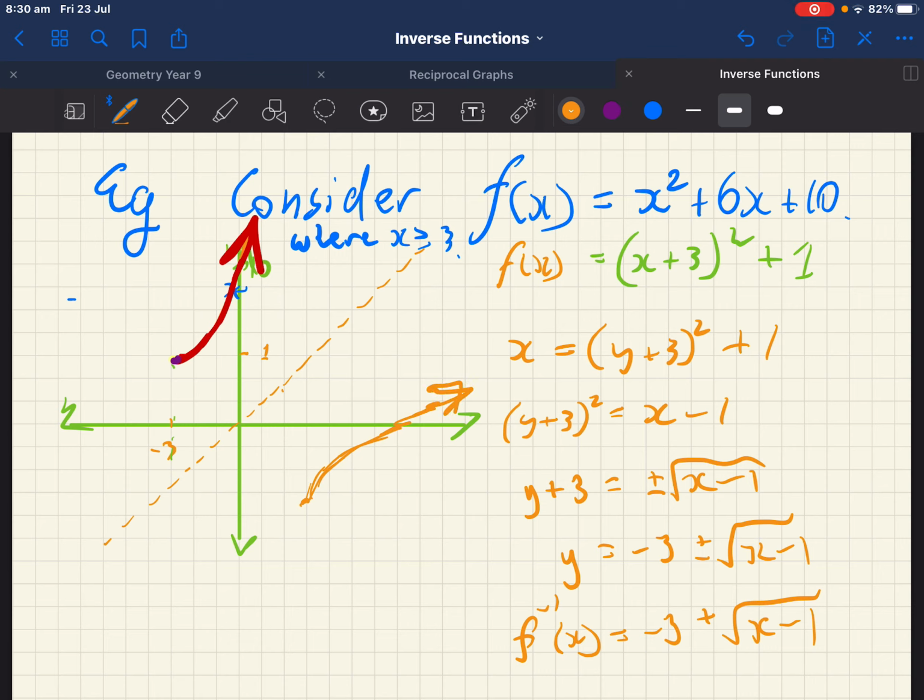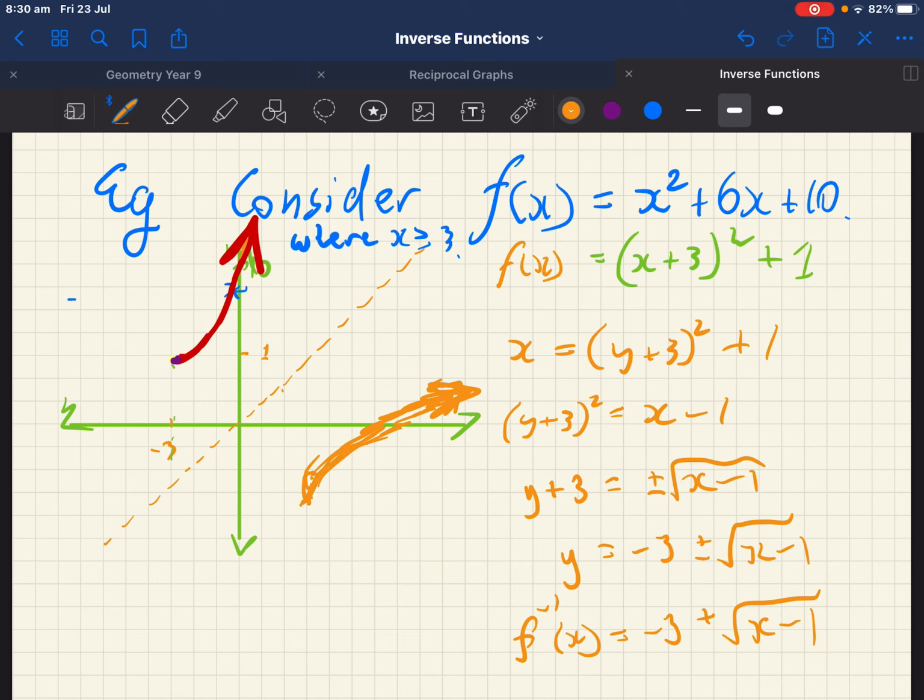It would be perfectly symmetrical. And when I say perfect, I mean more perfect than what I've done. It would be completely symmetrical to the original function about the line y equals x.